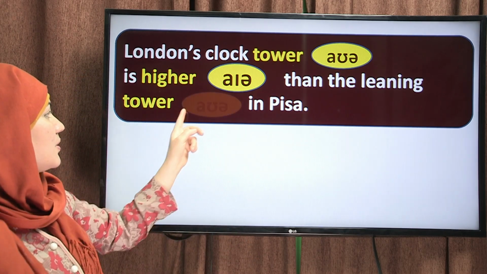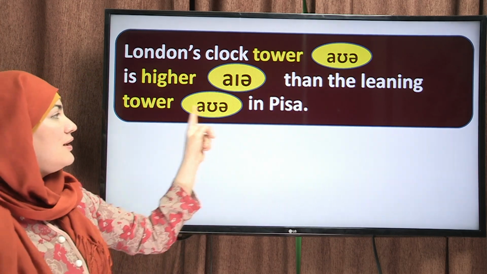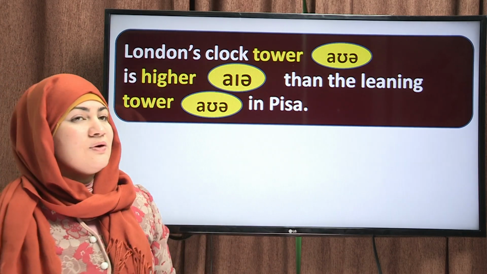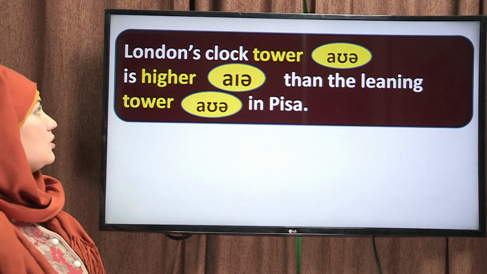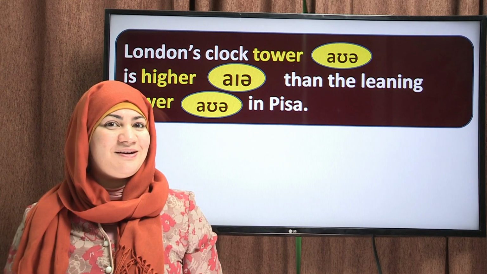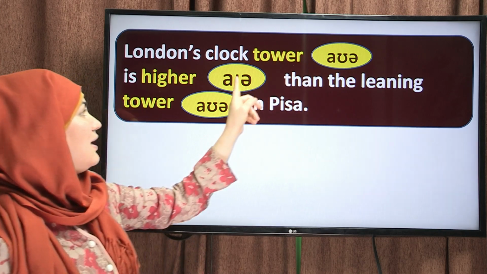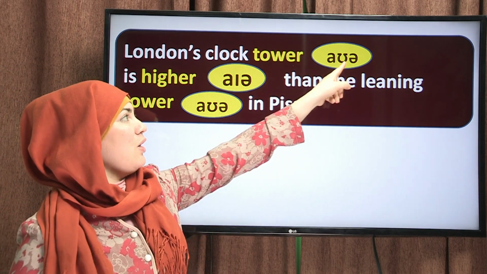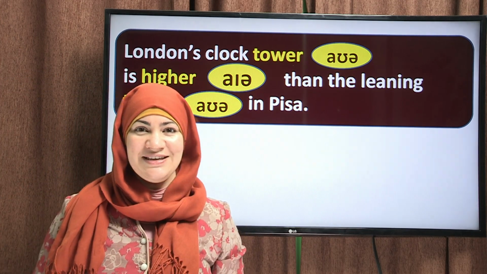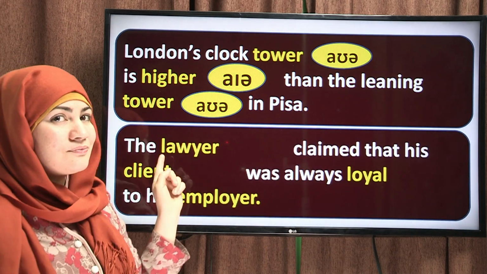It's the same with our, tower in Pisa. When we read here, London's clock tower is higher than the Leaning Tower in Pisa, we have two triphthongs, our and higher. We see the next sentence. We practice here together. Look here.